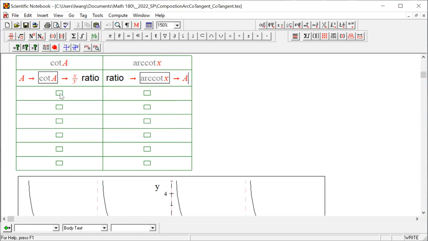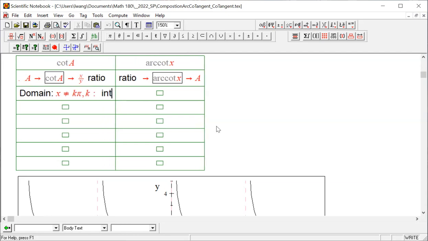The domain for cotangent is any real number other than multiples of pi, where k is an integer. Arc cotangent, however, the domain, hold on. Let's write down the range first for cotangent.